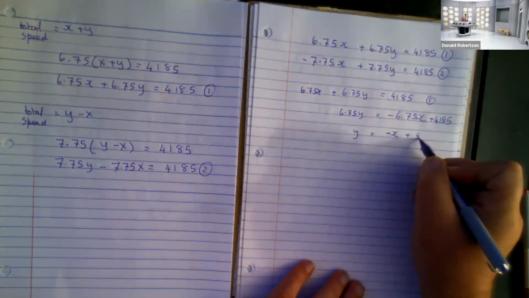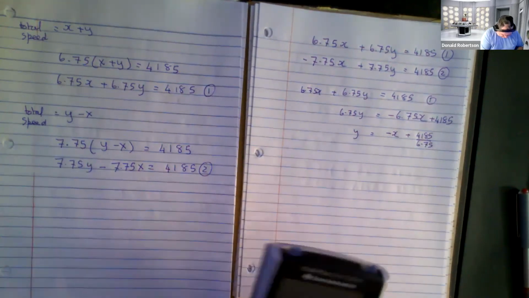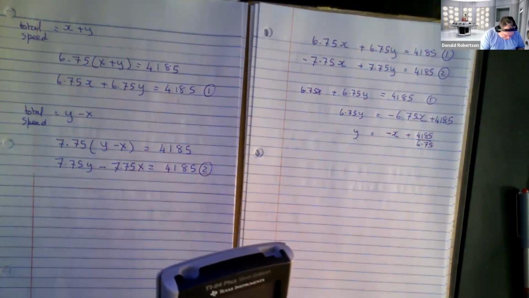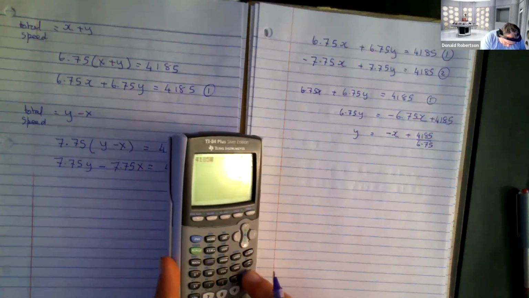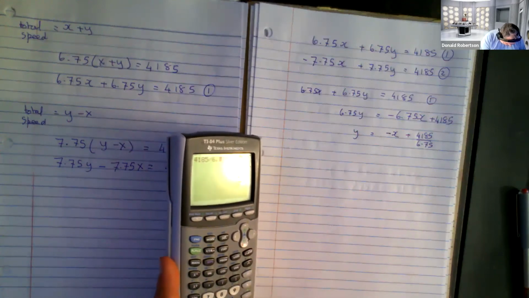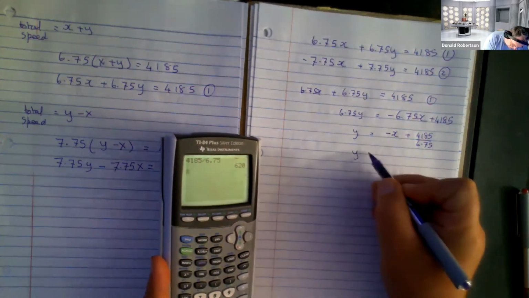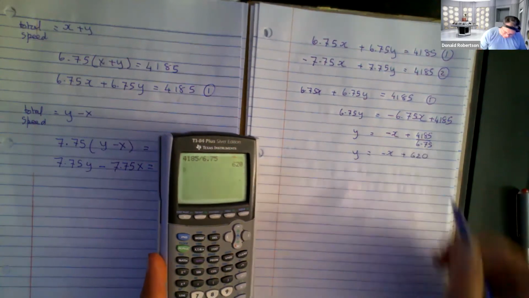And that becomes 4185 divided by 6.75. So can't do that in my head. So try that again. 4185 divided by 6.75 is 620. So actually, kind of amazingly, that's actually a nice equation.